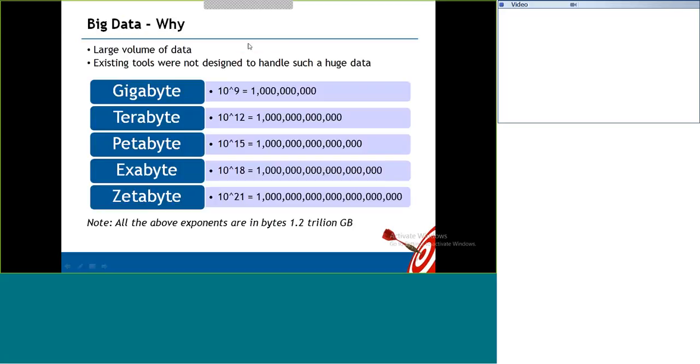And then, what are the measurements of big data? We talked about a lot of data getting generated, right? So maybe zettabytes of data are getting generated. From the last 3 years, it is growing drastically, exponentially.